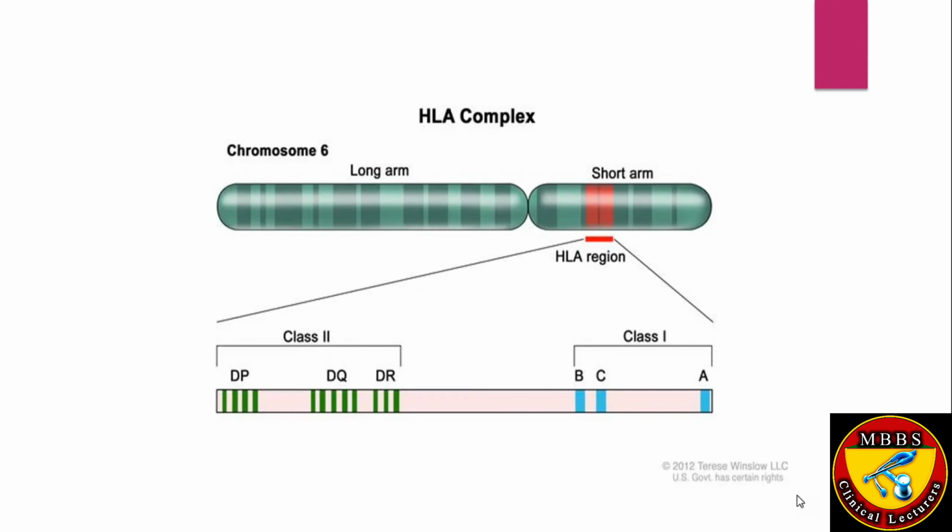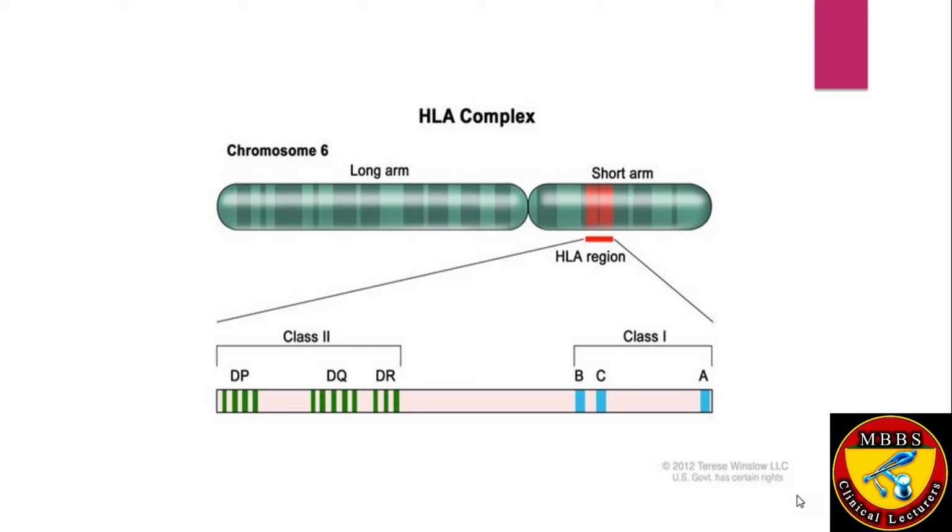Now let's see in this diagram what we are seeing. This is the HLA complex and this is chromosome 6 with a long arm and the short arm. Now you can see the red color is showing the HLA region, meaning this is the region where we have the genes for class 1 and class 2.